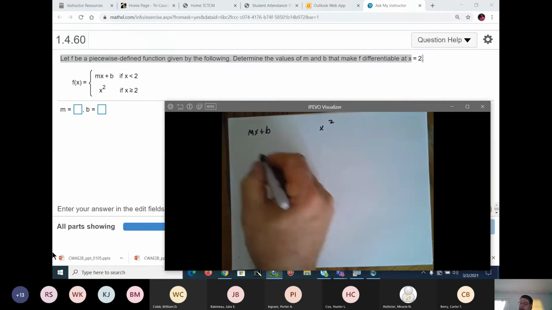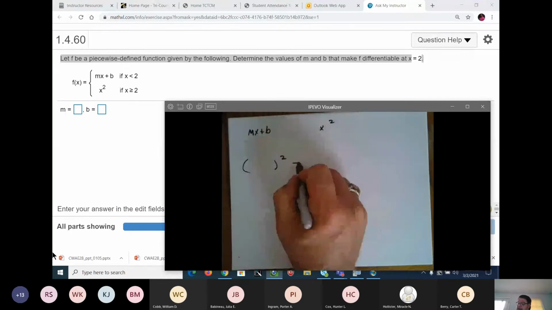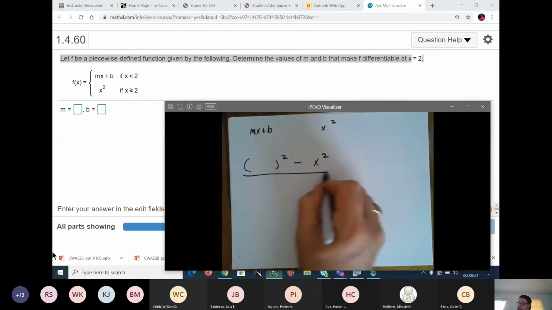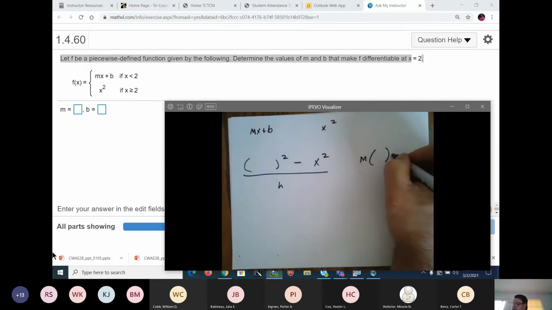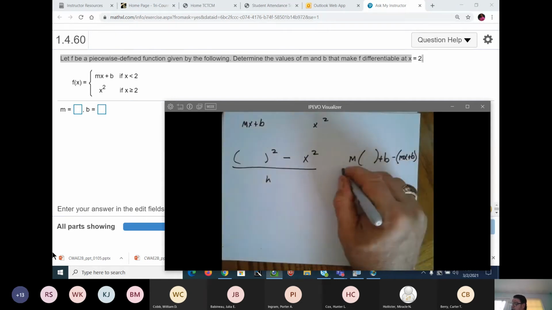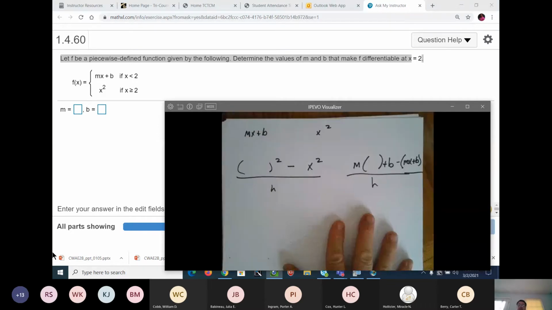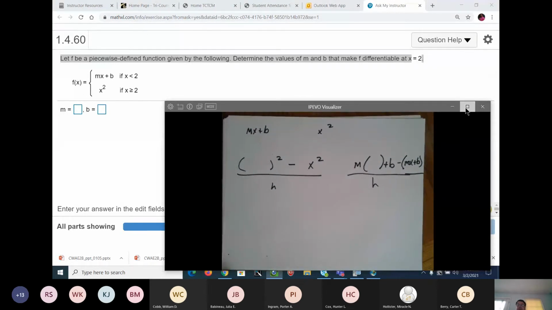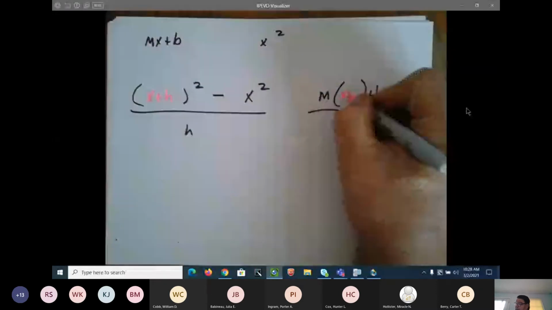So f of x, so that would be parentheses squared minus x squared over h, and m times parentheses plus b minus parentheses mx plus b over h. And we're going to plug in x plus h.